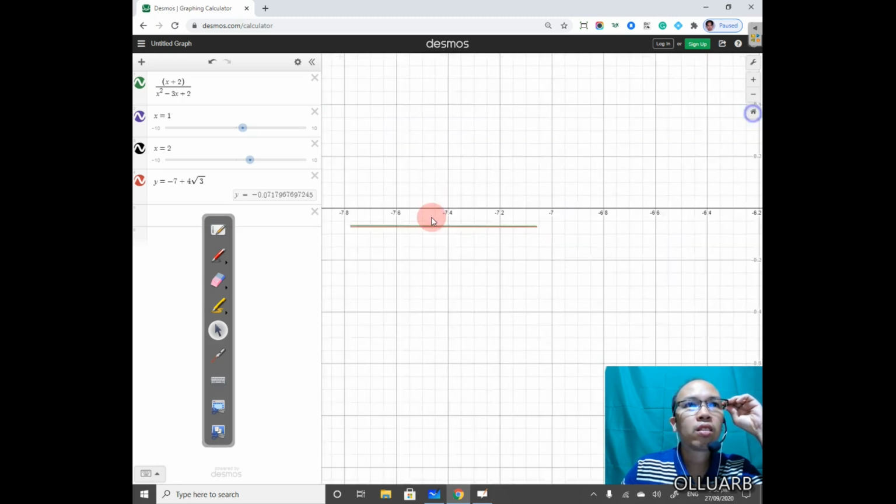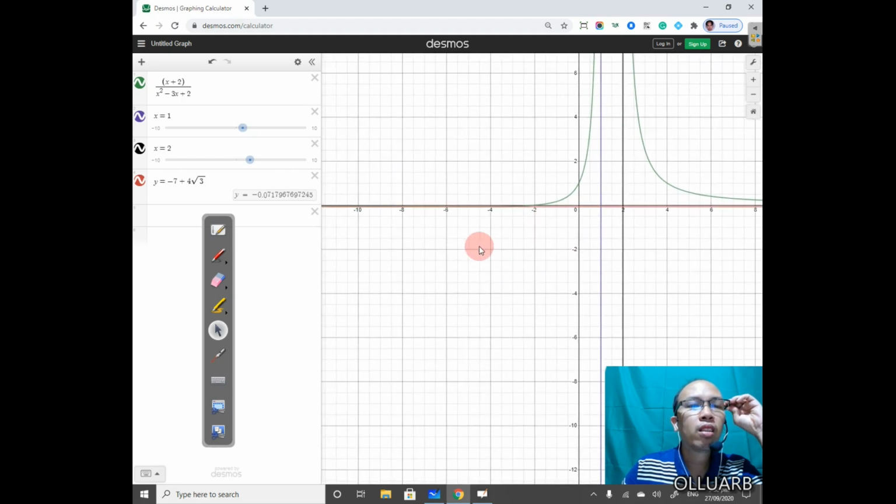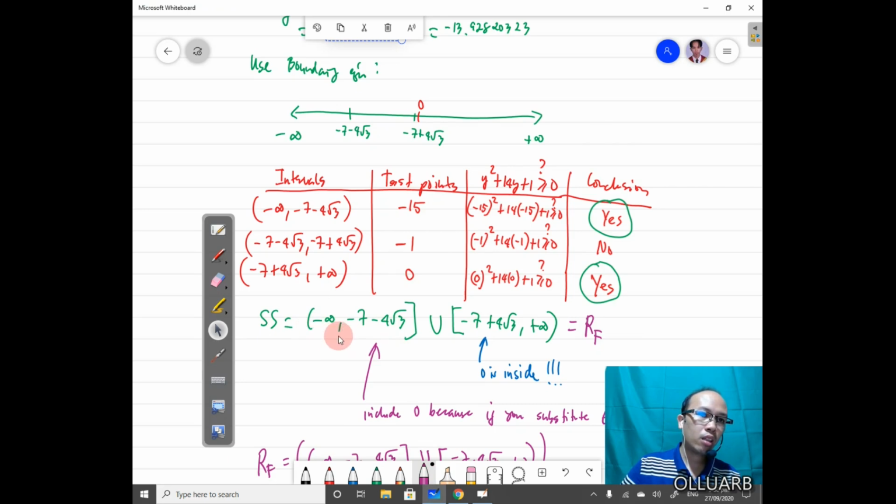Okay, so let's go back to home. So it never touches. So we verify that our range, this part here, is indeed the upper portion of the graph. This one, negative infinity to negative 7 minus 4 square root of 3, which is negative 13.9282032.